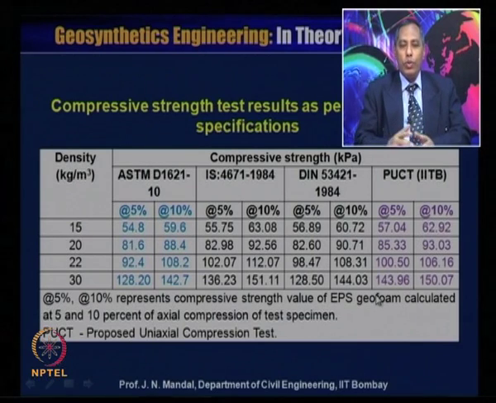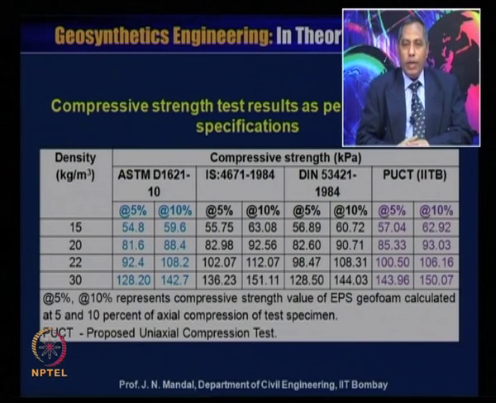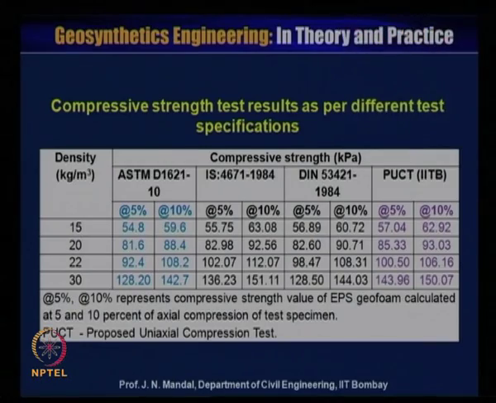It is also very easy to produce a geofoam material cylindrical in shape, and if you have any compressive strength machine, even a triaxial machine, you can perform it easily. You don't require any additional equipment to perform this compressive strength test.